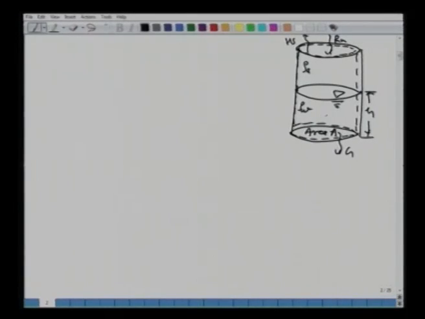Okay. And then we say E is equal to negative dh over dt. All right. Okay. So, let us first look at all the basic physical parameters here.